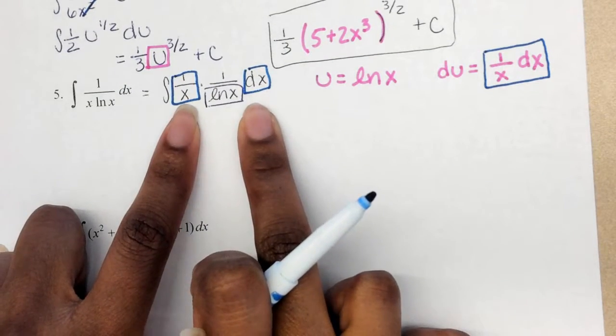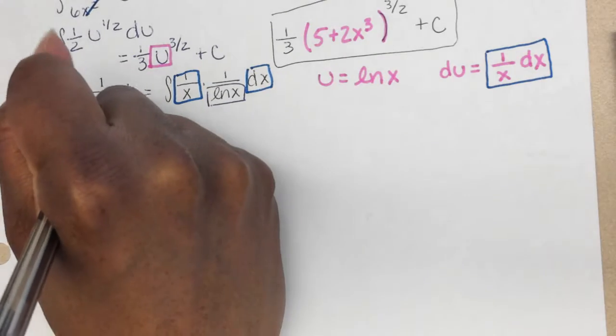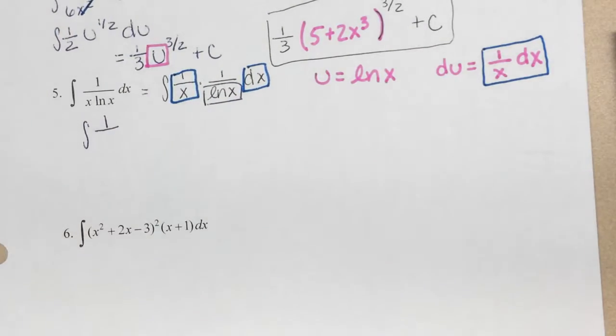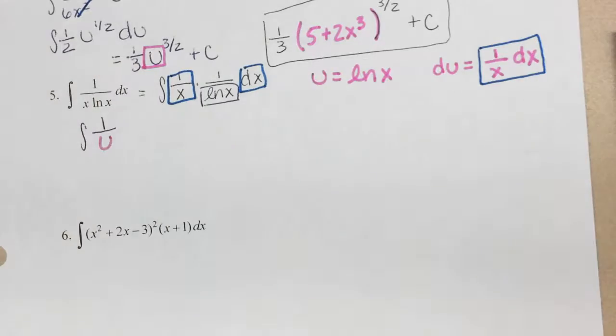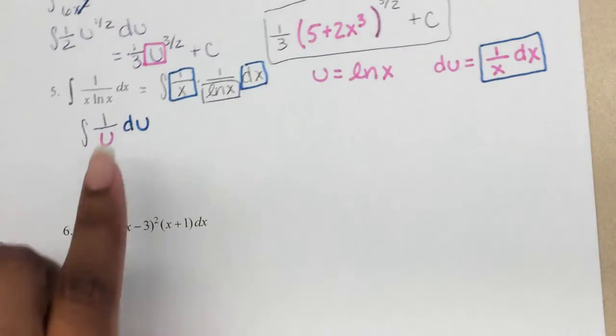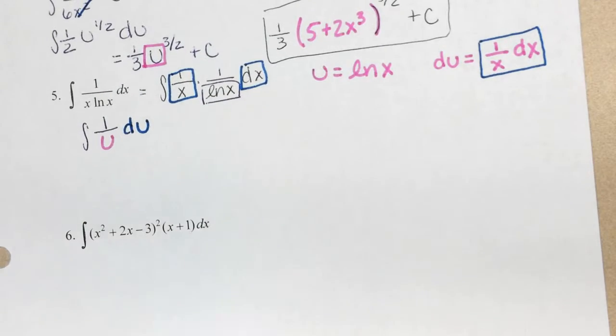So together, these two pieces are equal to du. So when I rewrite this out, I can rewrite this as 1 over u du, because my du is taking into consideration the 1 over x and the dx.